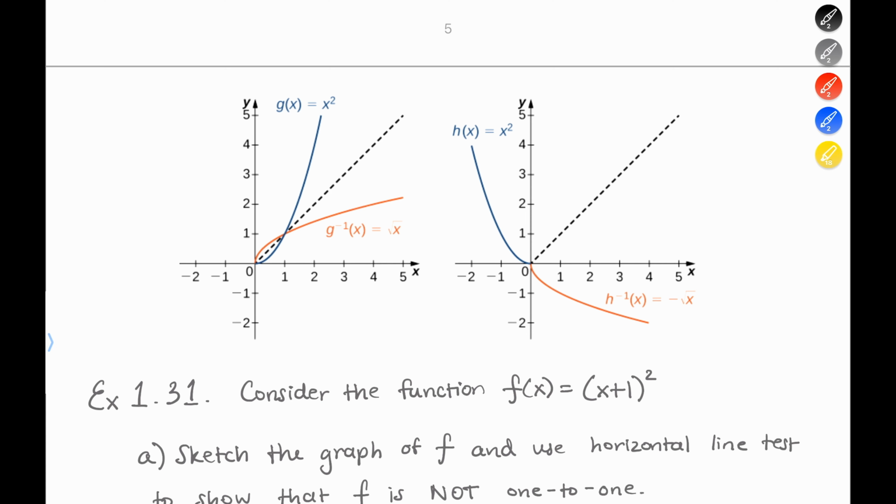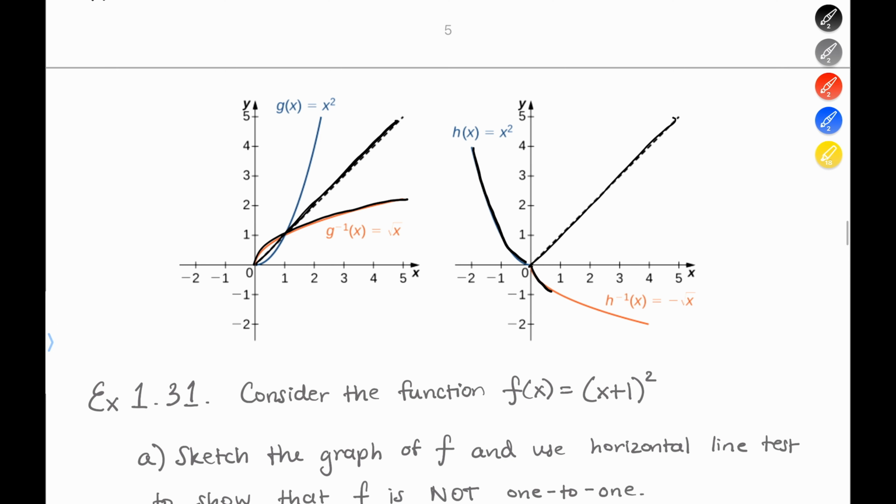So the inverse function would go over the y equals x line, so it would go like that. And the same thing applies for this other half of x squared. Just go around like this.